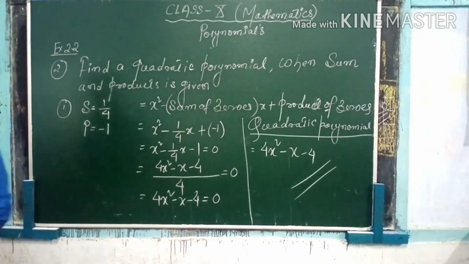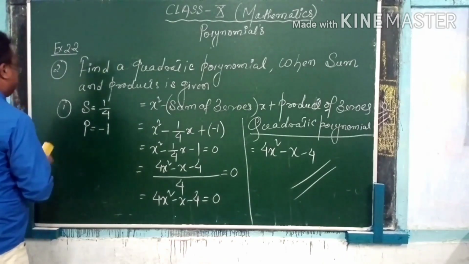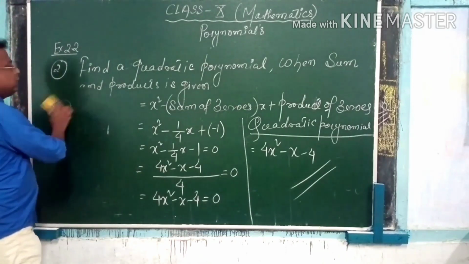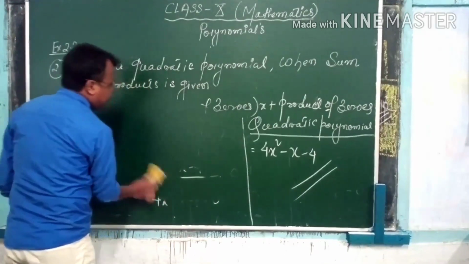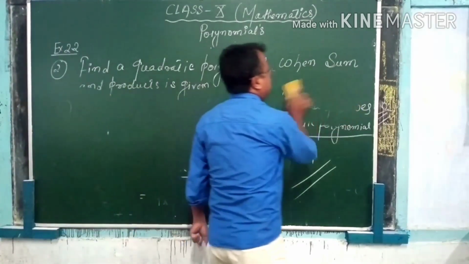So let us try to do one or two more questions. It is very easy. The remaining questions you can do at home also. I am just giving the hints on how to do the problems.